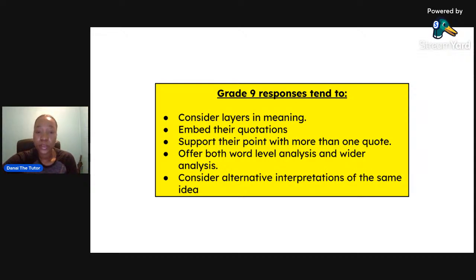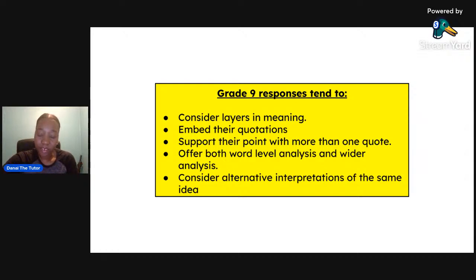They support their point with more than one quote. They offer both word level analysis and wider analysis, and they consider alternative interpretations of the same idea. The example that we'll be looking at today demonstrates those things, and you should be able to see an example of how to do that.